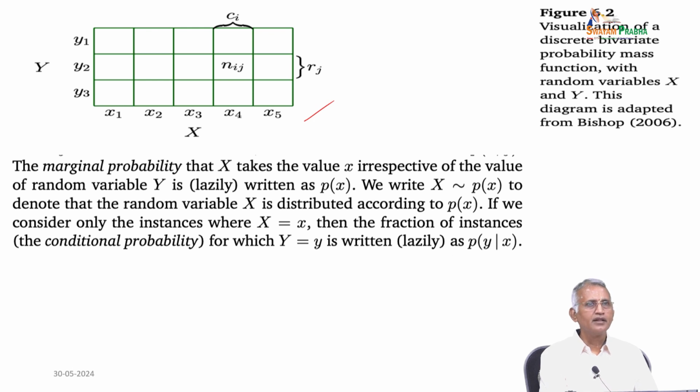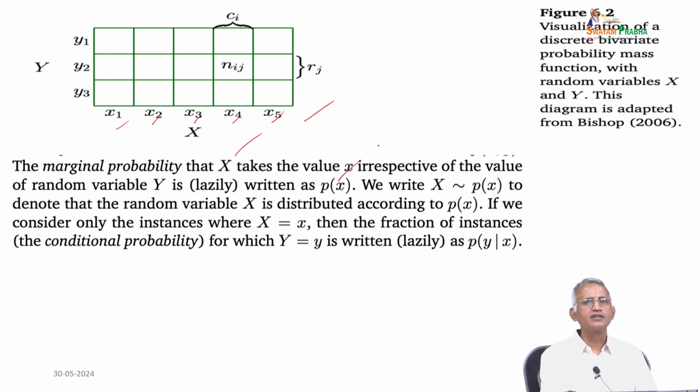Here x1, x2, x3, x4, x5 are the values of the random variable x, mapped to y1, y2, y3, and the probability of xi comma yj is given by the joint probability distribution function. The marginal probability function, irrespective of the random variable y, is written as p of x.